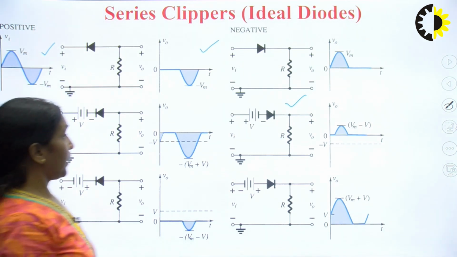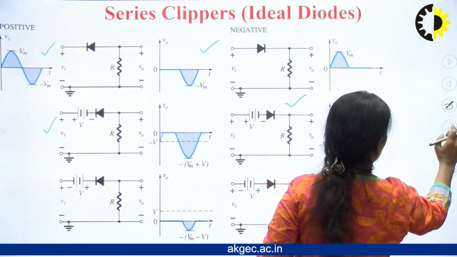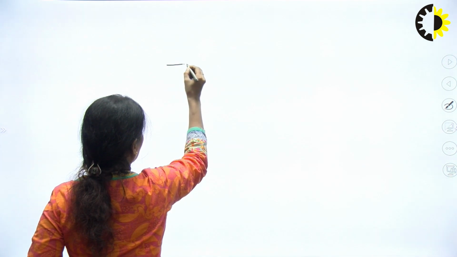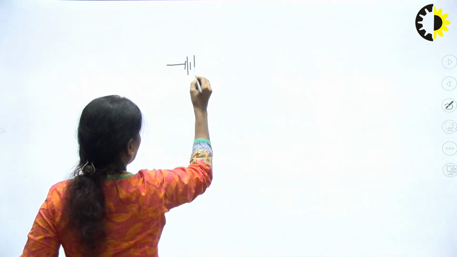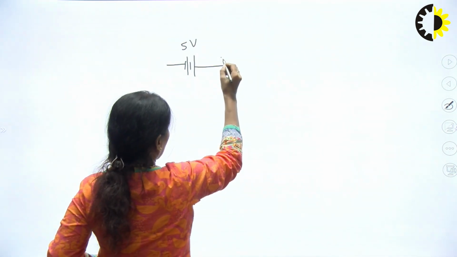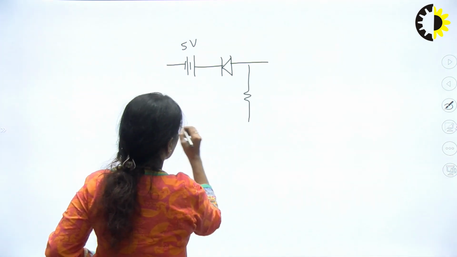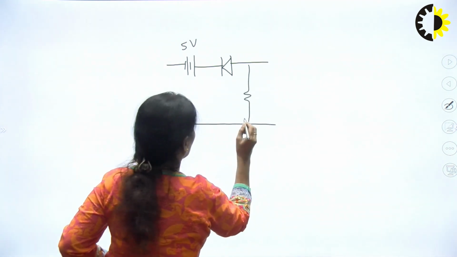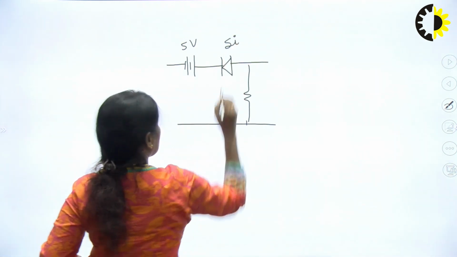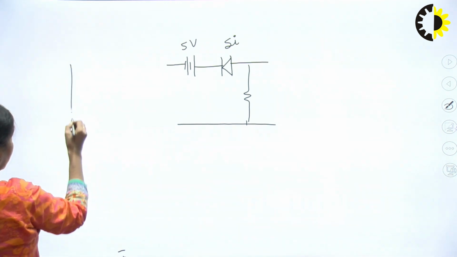So let me take up another problem. Let us take this value as 5 volts. Here I am connecting a diode like this, a resistance, and let me take this as the silicon diode.